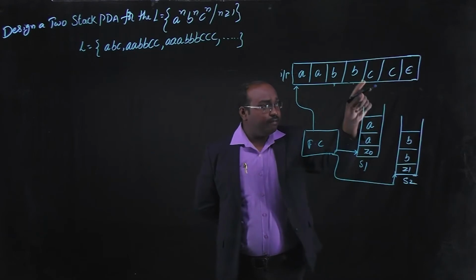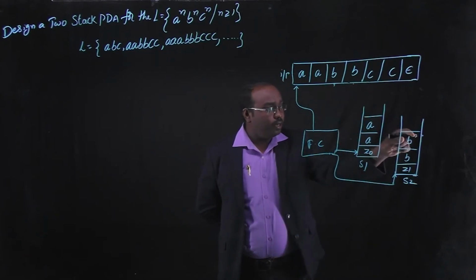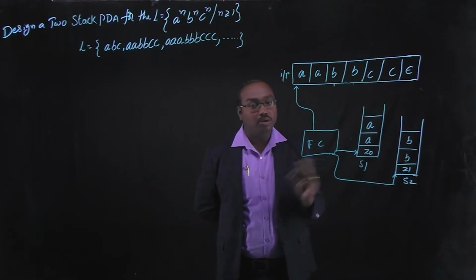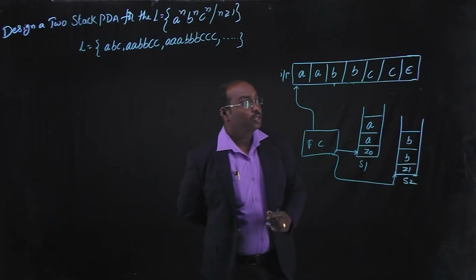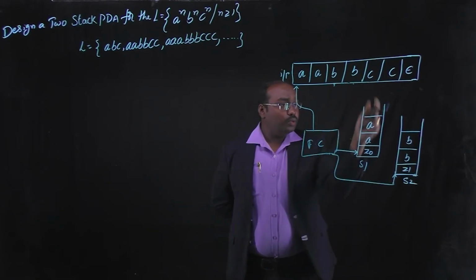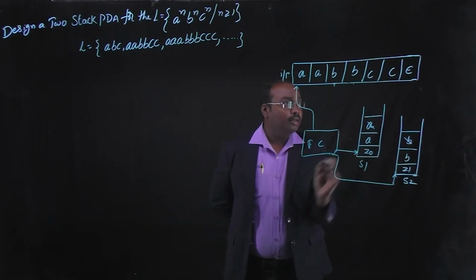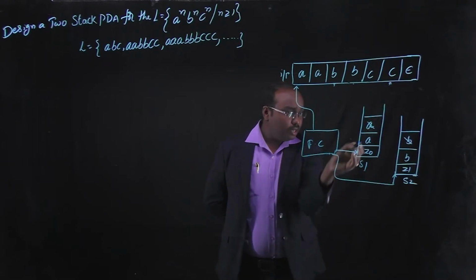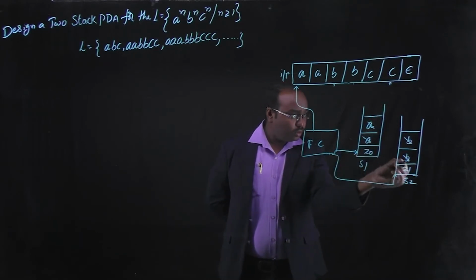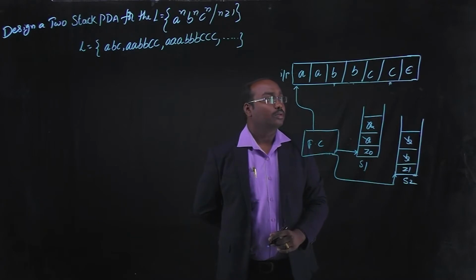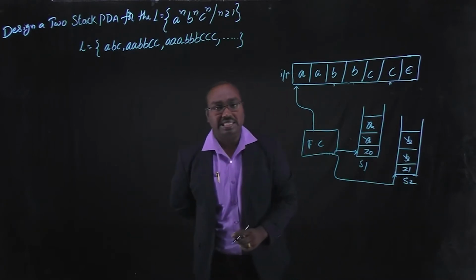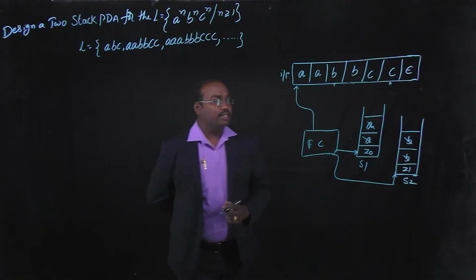Now for every C we pop the elements from both stacks at a time. So for the first C we remove this element. The next input symbol is C, and again we remove these 2 elements. So this is the logic to construct a 2 stack PDA for this language.